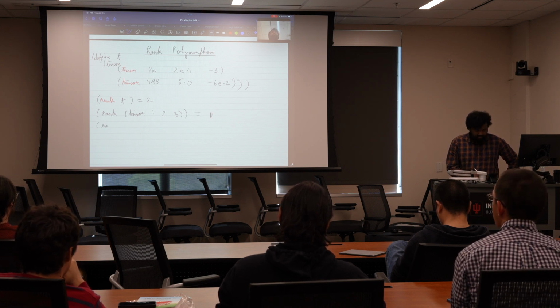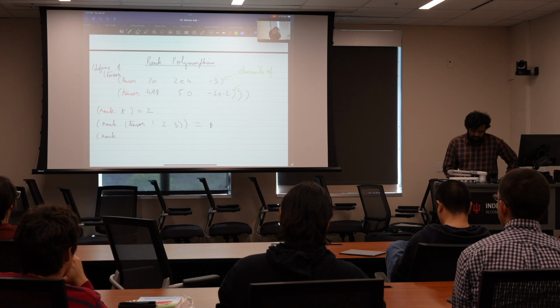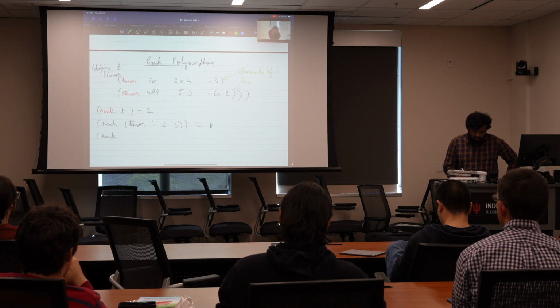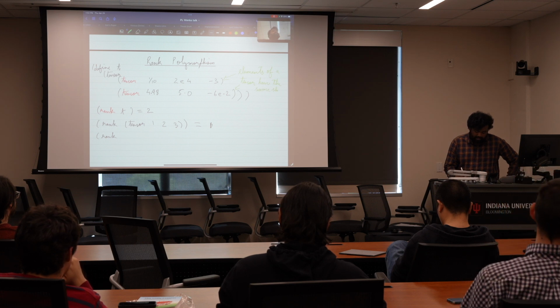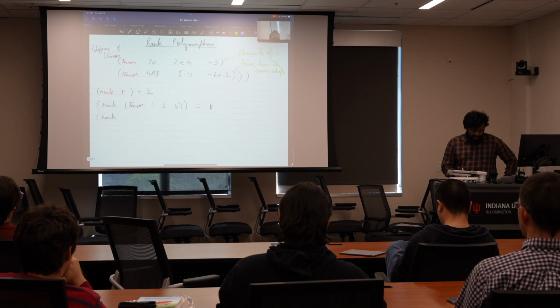Then we have an interesting property that the elements, the members of a tensor, have the same shape. By shape I mean they should look the same.